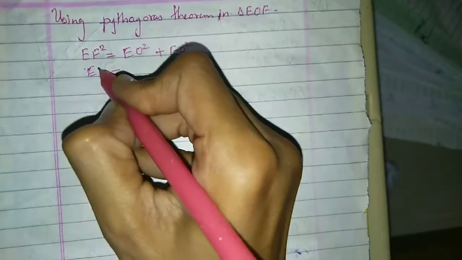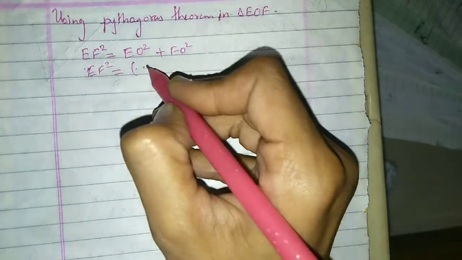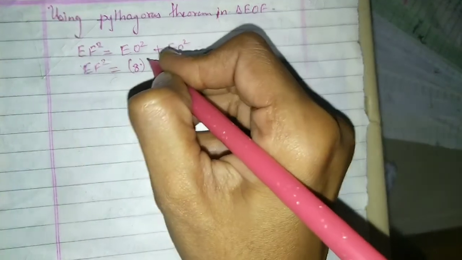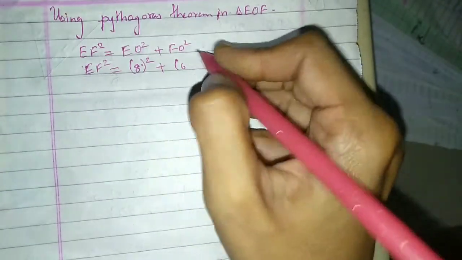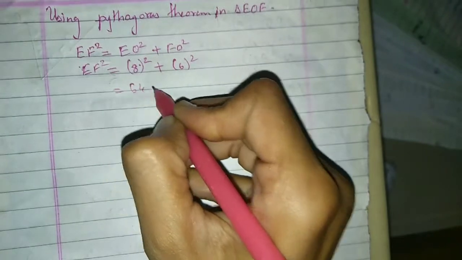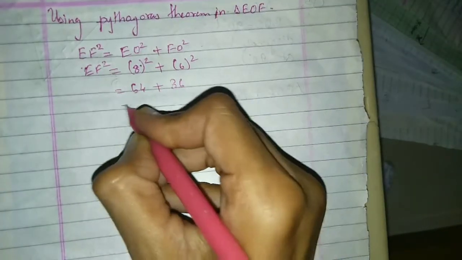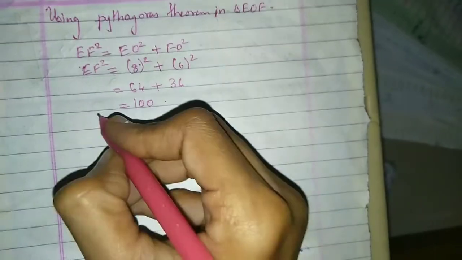EO is 8 centimeter, so 8 square plus FO is 6 centimeter, so 6 square. 8 eights are 64 plus 6 sixes are 36, which is equal to 100.